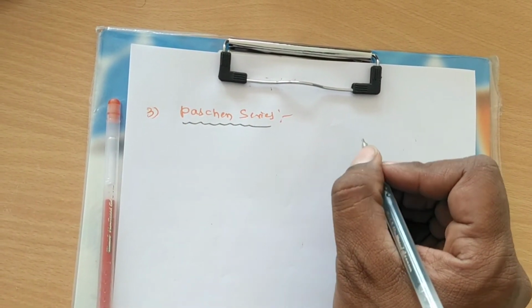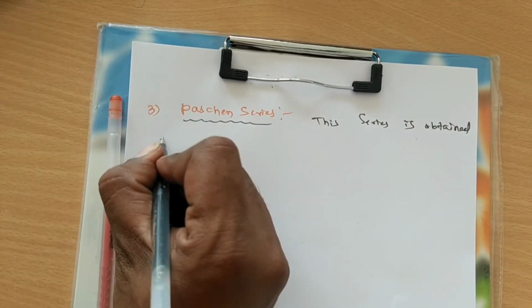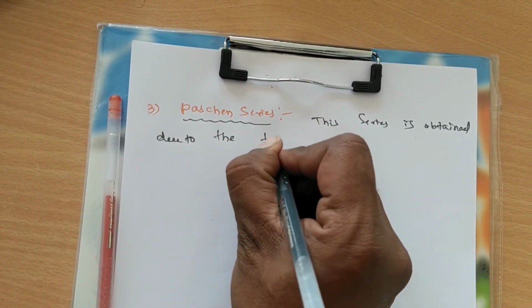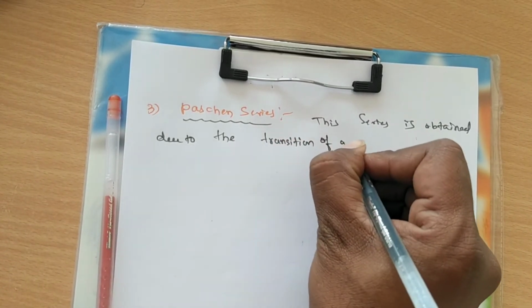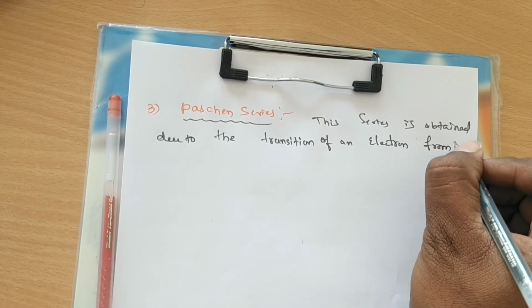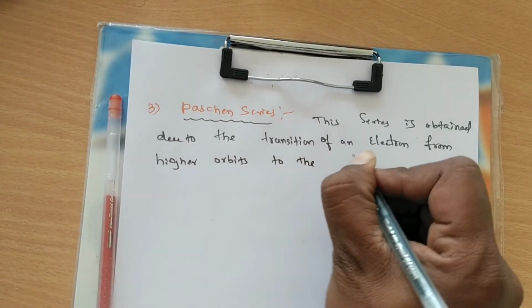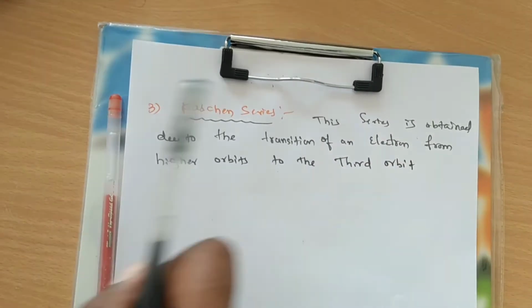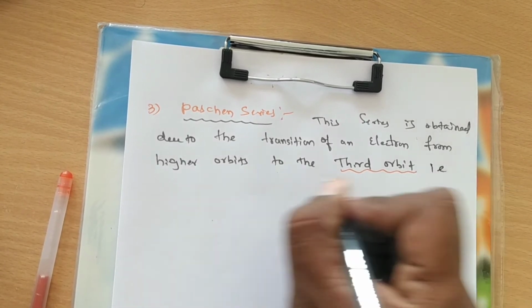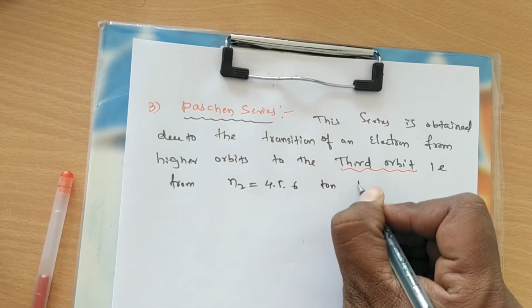This series is obtained due to the transition of an electron from higher orbits to the third orbit, that is from n2 is equal to 4, 5, 6 to n1 is equal to 3.